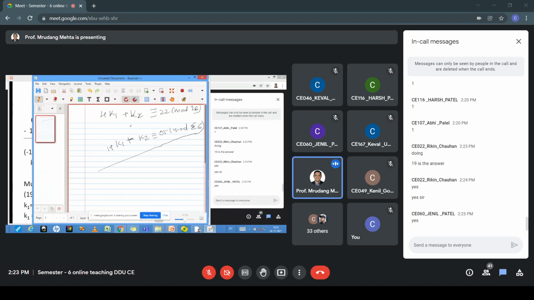And we take subtraction, right? So this gets cancelled out. So here we get minus 15 K1 congruent 17 mod 26, right?